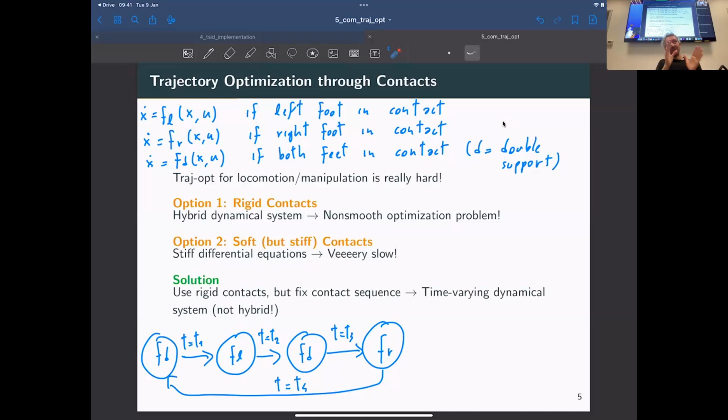Okay, so it's basically a borderline situation where you're not completely smooth because you can have jumps in the trajectory, but you don't have to deal with the hybrid dynamical system framework, which is way more general and way more difficult for trajectory optimization.